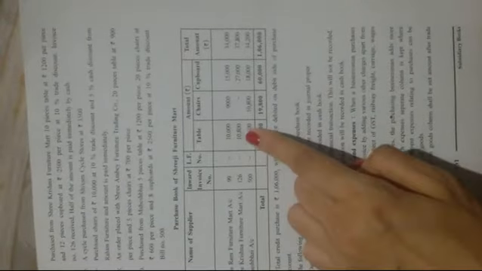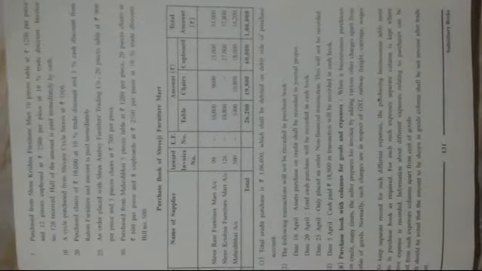That would become 27,000, and the total would become 37,800, and the amount paid immediately by cash would not be recorded in the purchase book. Now if you want a detailed explanation, it is given below the table.